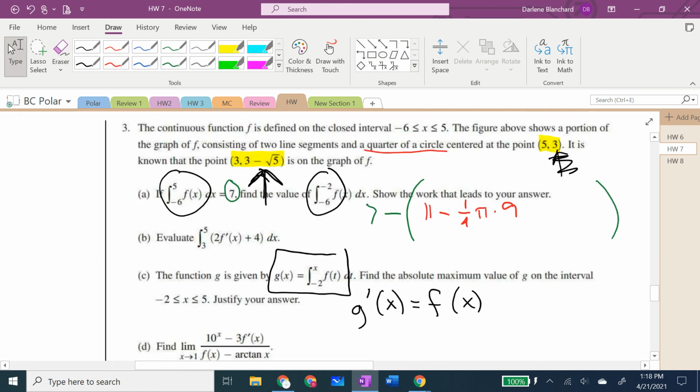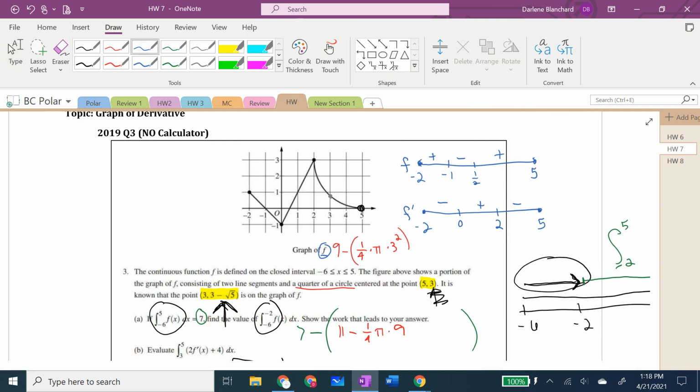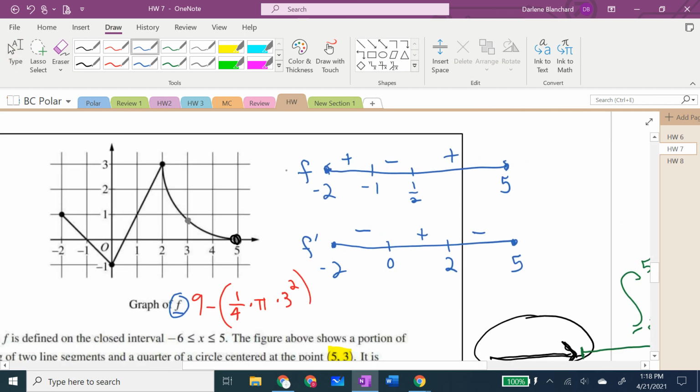And then I'm going to go back over to my charts and write down that f is equal to g prime, and that f prime is then g double prime. I may not need that, but I have it in case I do.